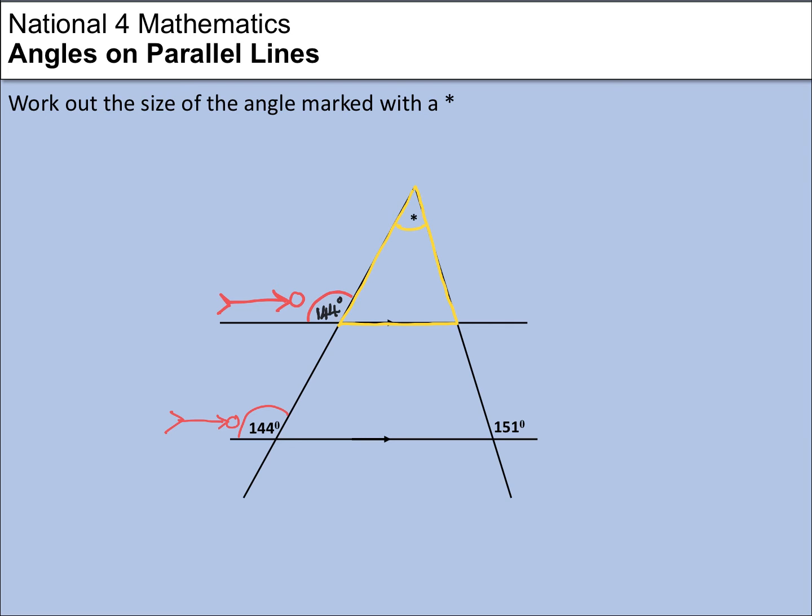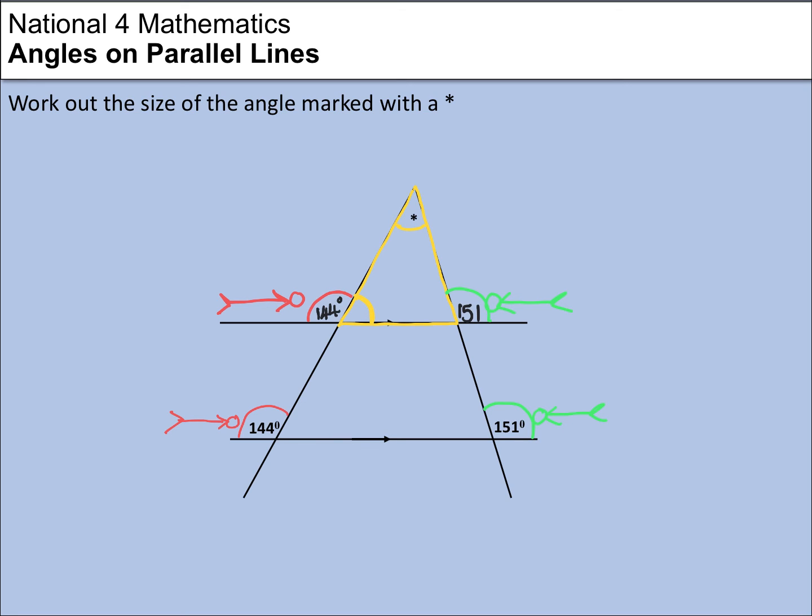Now at the other side, we've got a different angle. So we'll do him in a different colour. So these pillows are both the same size. So this one up here is 151. Now we're ready to work out the size of this angle here.